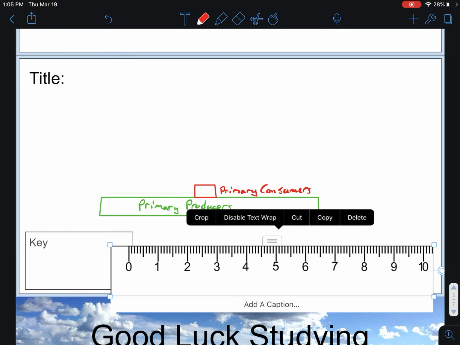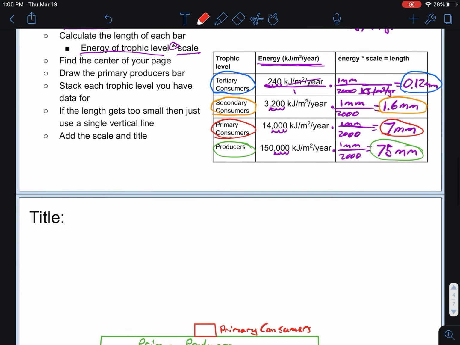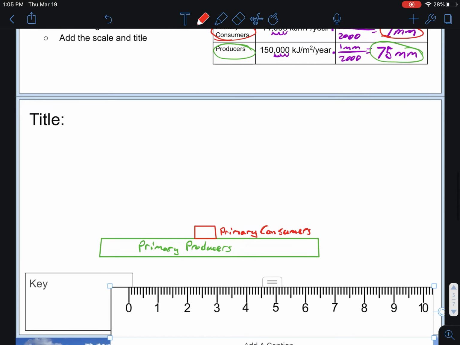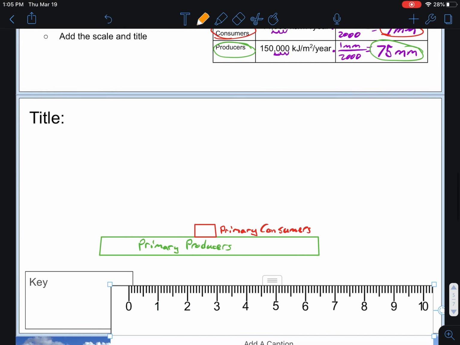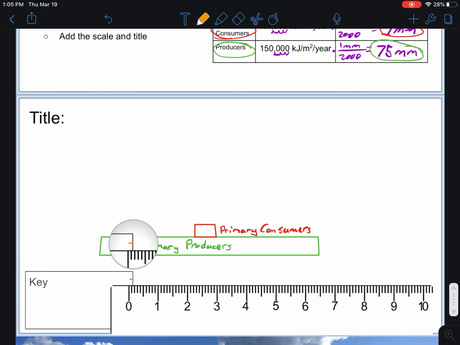All right, next up, 1.6 millimeters. So that is teeny, teeny, tiny. What color did I use? Orange? We'll do orange. So 1.6. It's almost 2 millimeters.